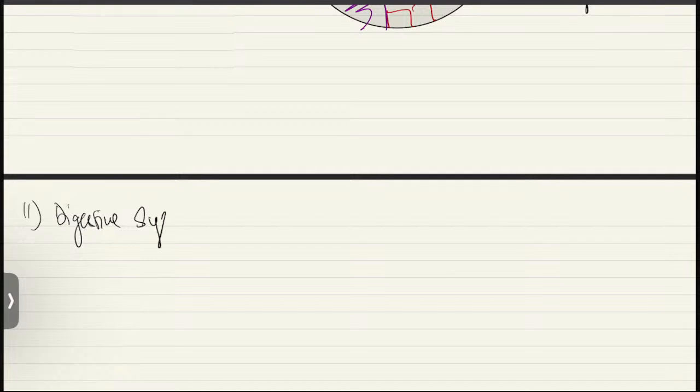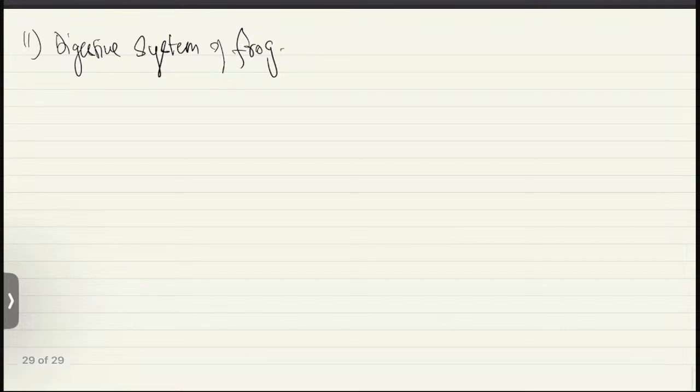the digestive system of frog. Again, frog comes up. Very simple digestive system. You don't have to stress much. It will start with the mouth and buccal cavity.